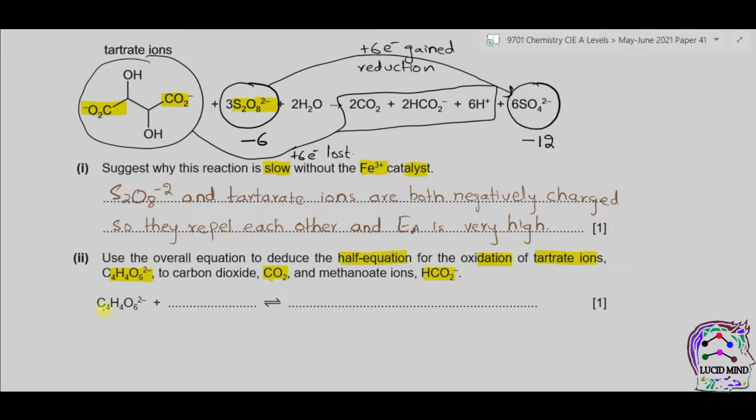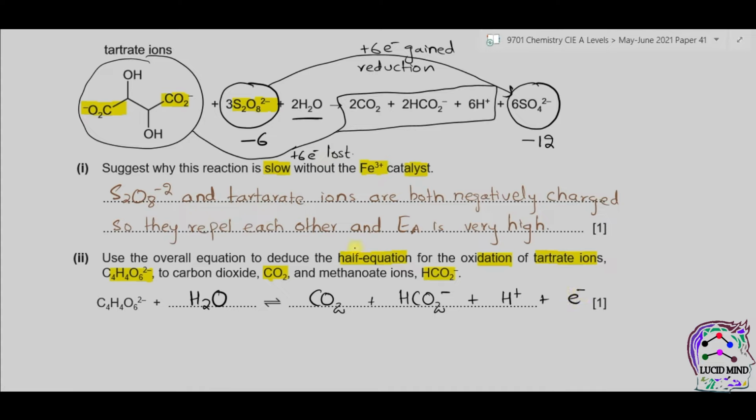Let's write the equation. We have C4H4O6 -2, these tartrate ions, plus water molecules, and it gets converted into CO2, HCO2 -, 6H positive, and 6 electrons are lost.